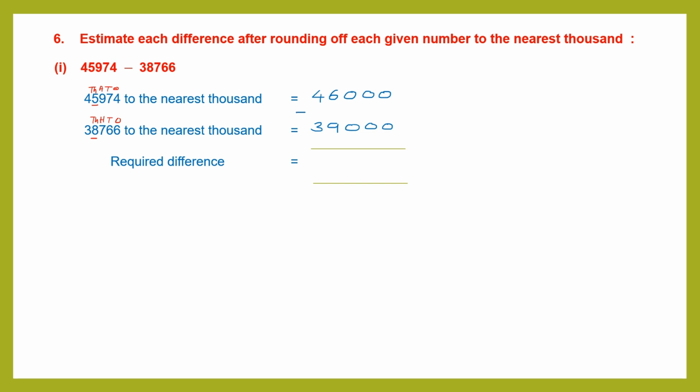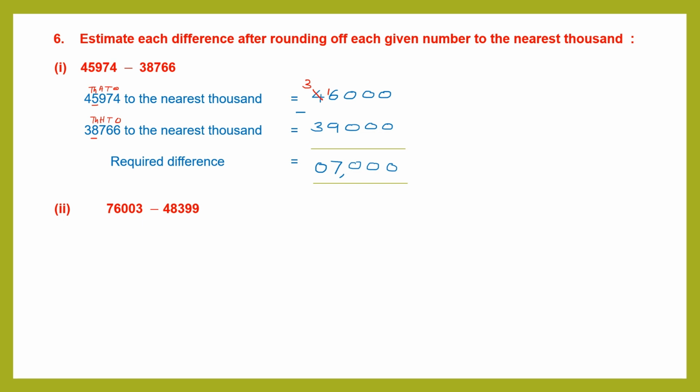So let's subtract 0, 0, 0. Now here we have to subtract 6 minus 9. We can't do it, so we're going to borrow. So that becomes 3. 16 minus 9 is 7. And this 3 minus 3 is 0. So what is our required difference? 7,000 is the required difference.